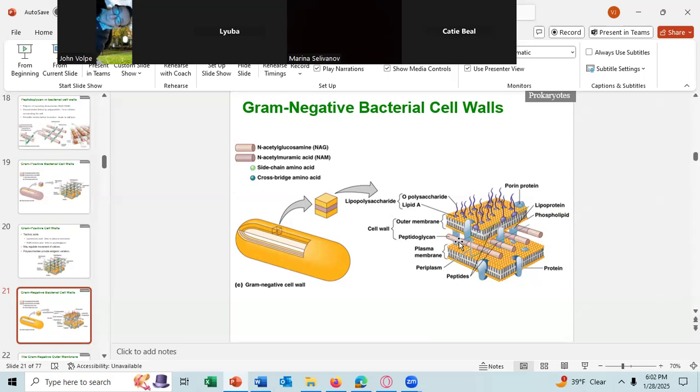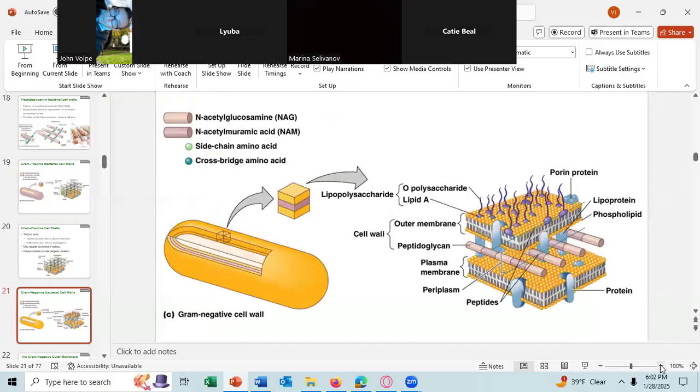The outer membrane is important. You only find it in gram-negative cells. This layer of the outer membrane, meaning the bottom layer of the outer membrane, is actually fundamentally similar, if not the same, as the layers of phospholipid in the cell membrane, meaning the majority of the molecules in the cell membrane are phospholipid.